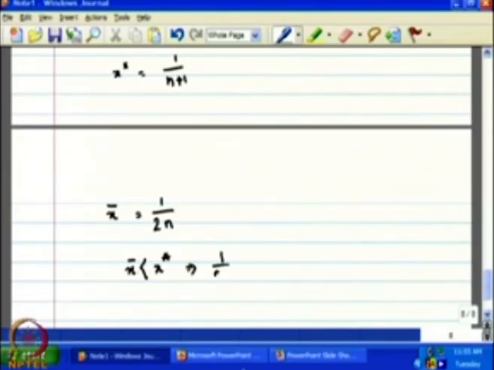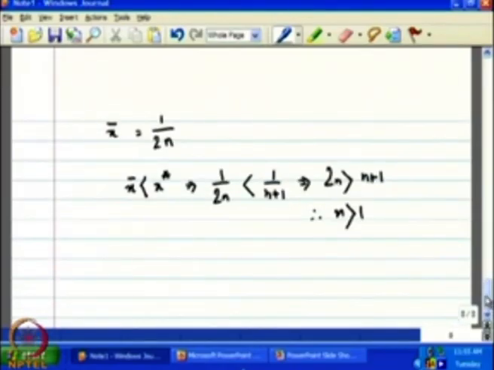If this is true, then this must be true, which means that 2n is greater than n plus 1, which means n is greater than 1, and which is true. The number of firms in this model has to be greater than 1, because if it is equal to 1, the model loses the very core of it, that there are firms which take decisions interdependently.